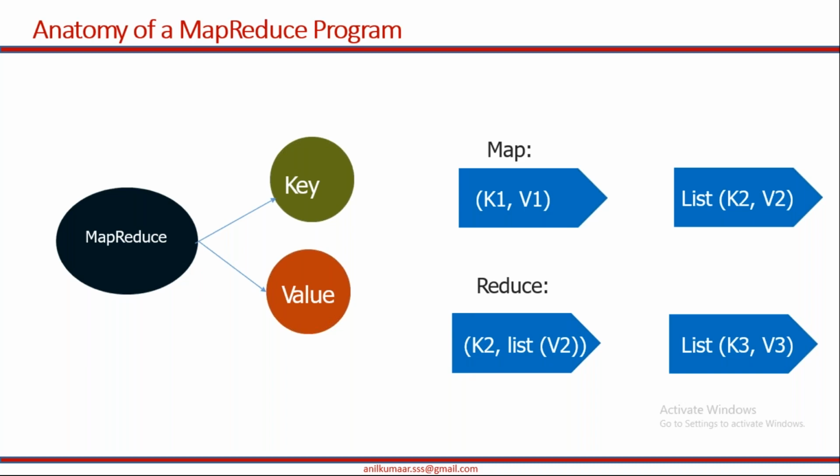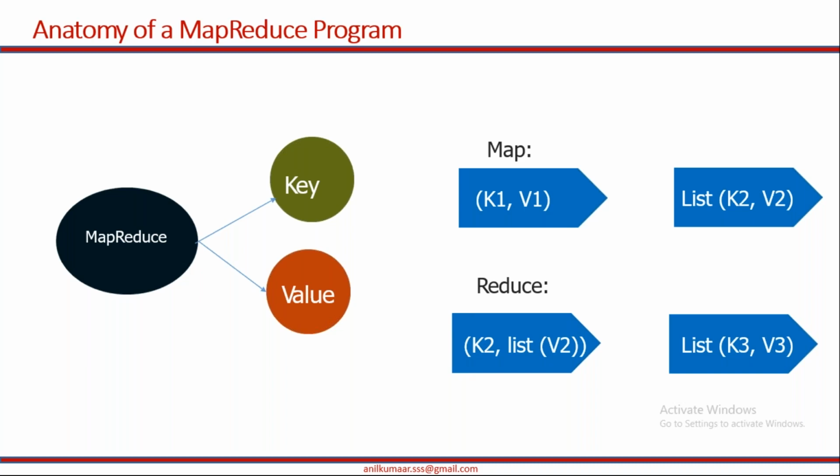Whatever you give to MapReduce, the input is a key value pair. Once again, the output is also in the form of a key value pair only. Apart from the key value pair, it doesn't understand anything. So whenever you have certain data, it's your responsibility. We use some classes to prepare the input data.